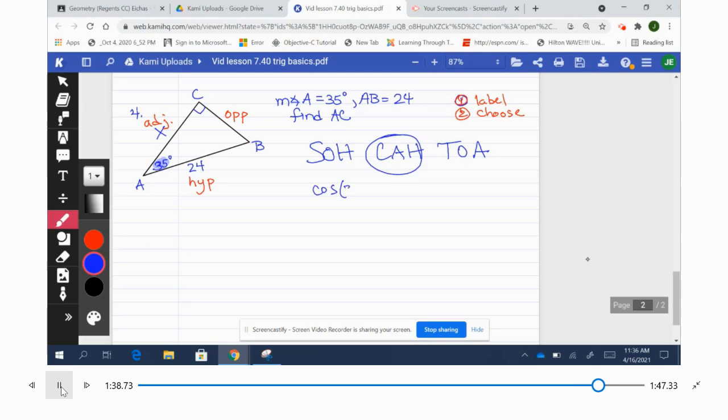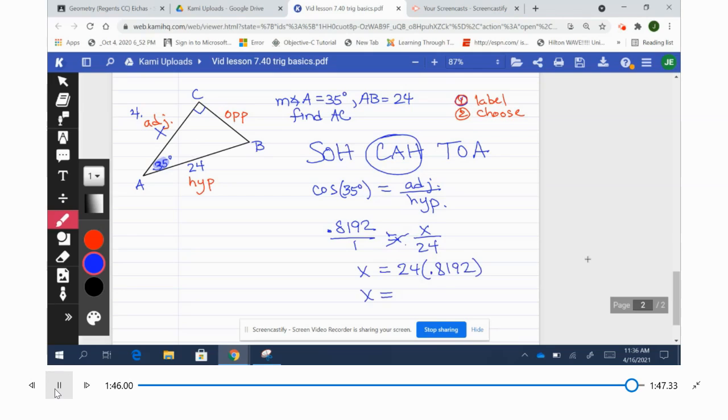So now my mechanics, I put cosine function 35 in the parentheses. I'm expecting it to be the ratio of the adjacent to the hypotenuse. The decimal comes out 0.8192. So 0.8192 to 1 is what we can expect this similar triangle to be, which is going to be x over 24, cross multiply, and solve.